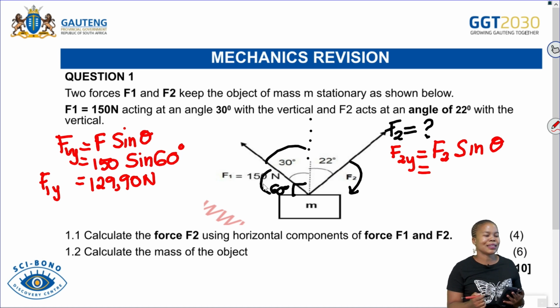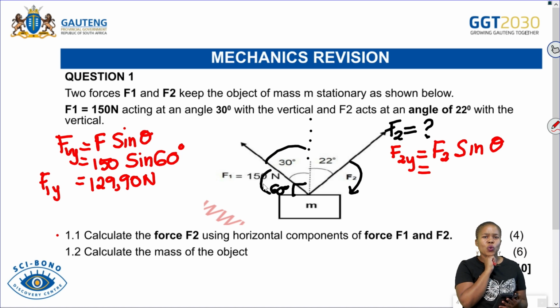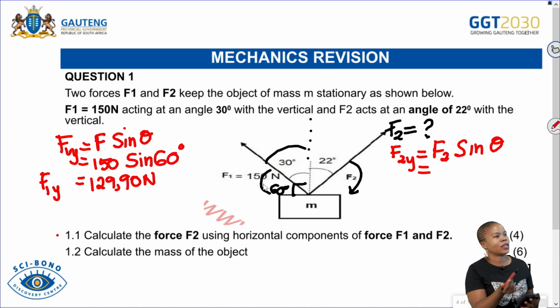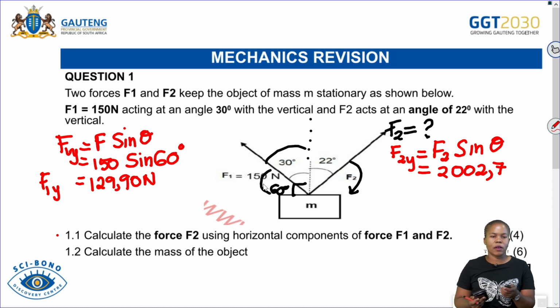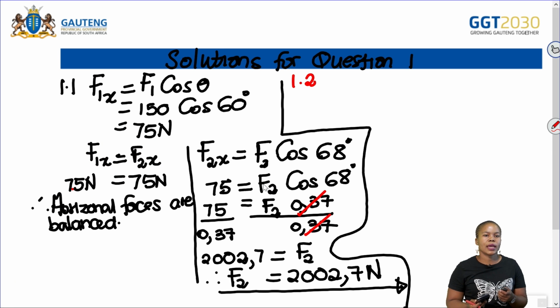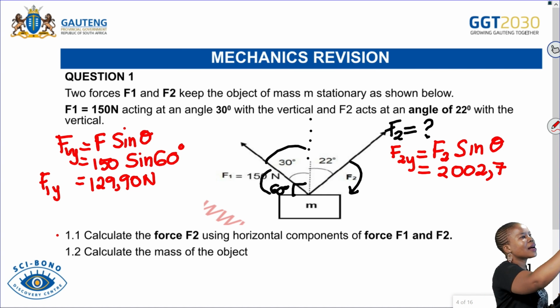Remember, we calculated it in question 1.1, and we found it to be 202.7. Let me check if I wrote it the way we calculated it. Yes. So now it's going to be sine of 68 degrees.